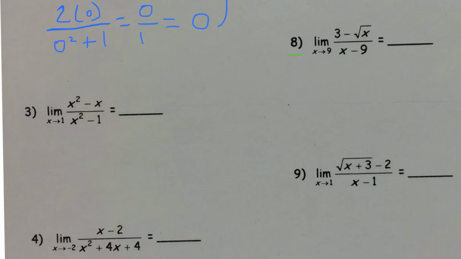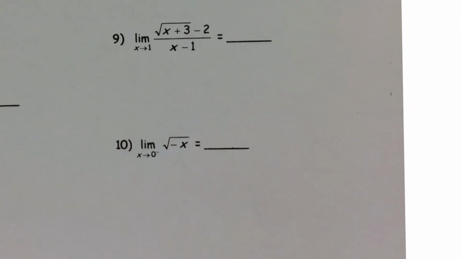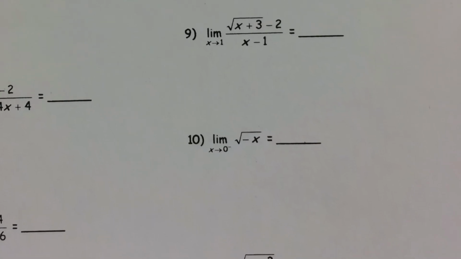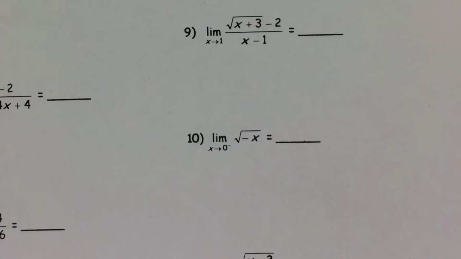I will try number 9. Let's take a quick look at number 9. So it's the limit as x approaches 1 of this fraction, and because I have a radical, then I think I'm going to use the conjugate idea just like number 8.